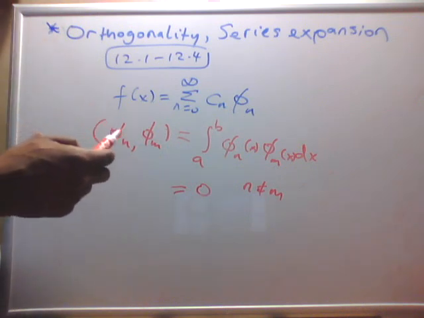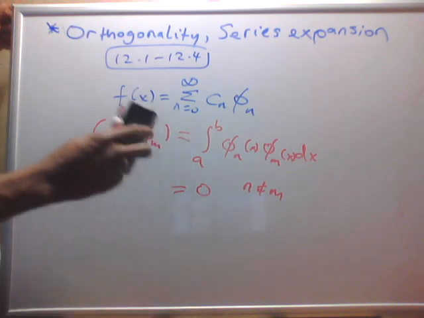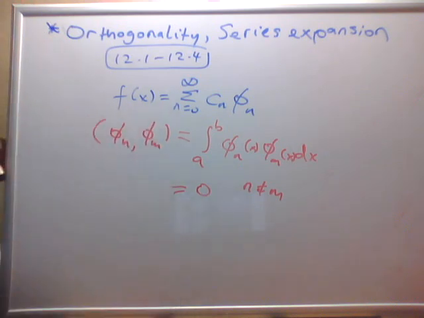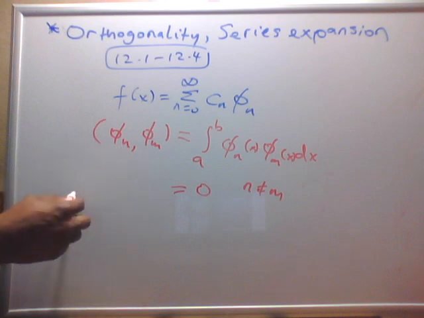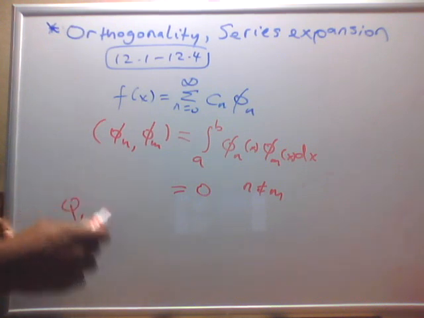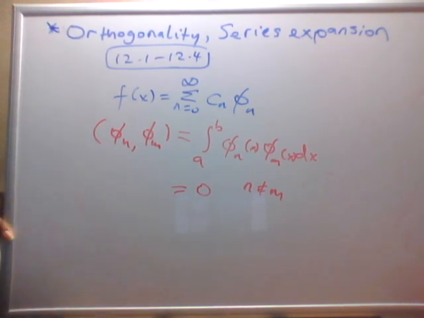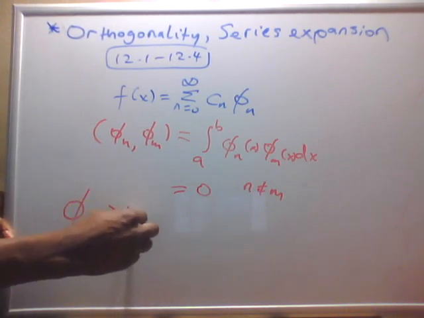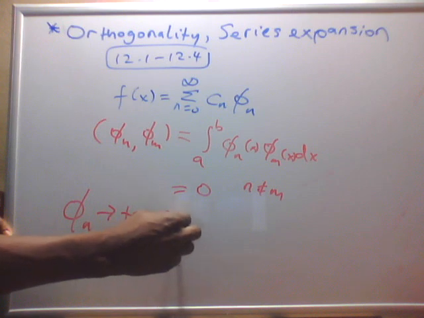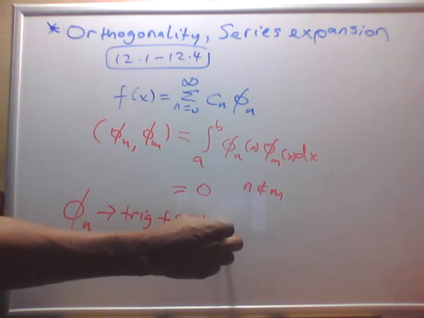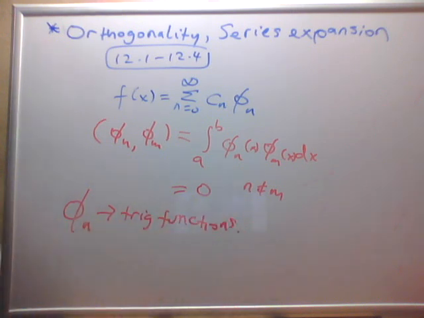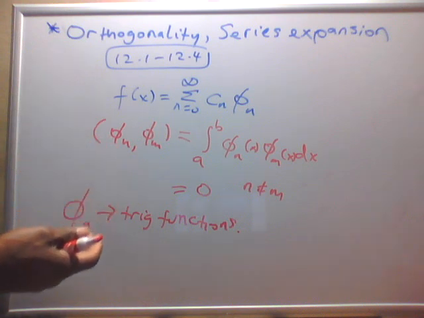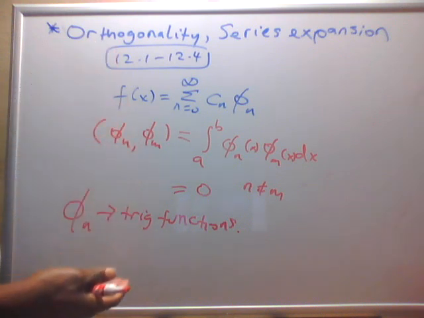We studied the Fourier cosine series and Fourier sine series, in which phi n were all trigonometric functions. I don't need to go into that for this lecture, but I will probably come back to it at some point if we want to solve more examples. For this lecture, I just wanted to refresh your memory on where we are so far.